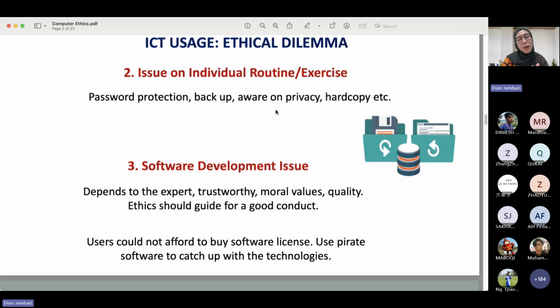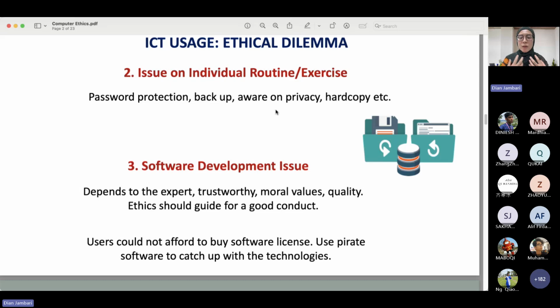So that dependence and that trustworthiness on the computer professionals as the experts can cause an ethical dilemma for the software engineers or developers, where they will feel that because they are the experts, they have the power, and so they can dictate what the customer wants, what their stakeholder wants.